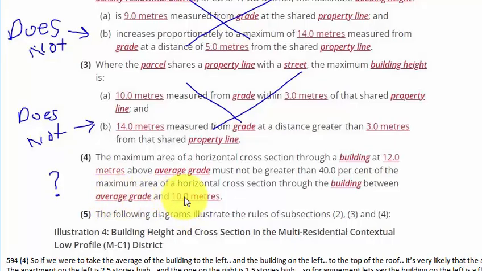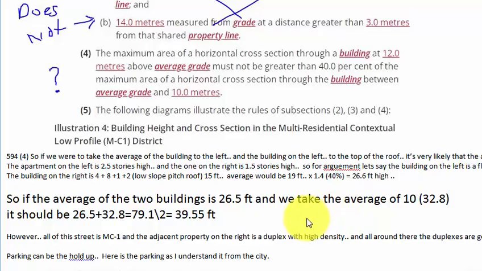So the way I read this, and you'll have to check with the city, is that if we took the average grade between the two buildings and 10 meters, that would be our average, and then we could add 40% to that. So as I calculate this, it looks to me like the average between the two buildings, right and left, should be 26.6 feet high.